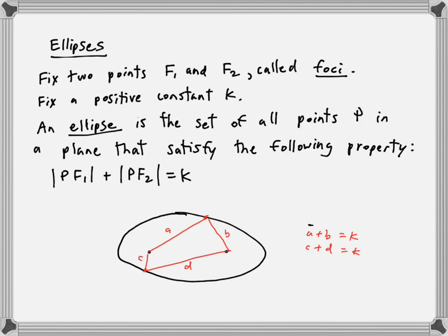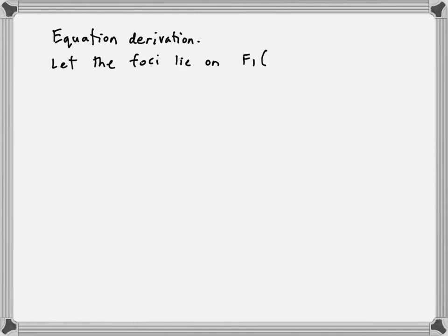All right, so again, we want to derive the equation. So let's do the equation derivation here. We're going to start by letting the foci lie on the x-axis, so we're going to call F1 (negative c, 0), and F2 is going to be (c, 0).